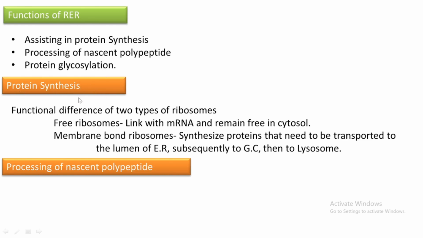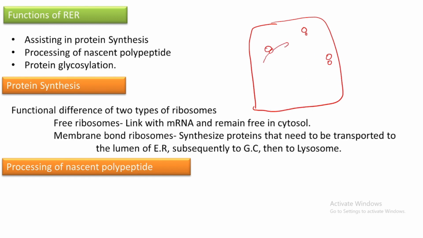Then protein synthesis. Here we need to understand the functional difference of two types of ribosomes. Two types of ribosomes exist in the cytoplasm: those seen free in the cell, and those we already understood as attached to the endoplasmic reticulum.